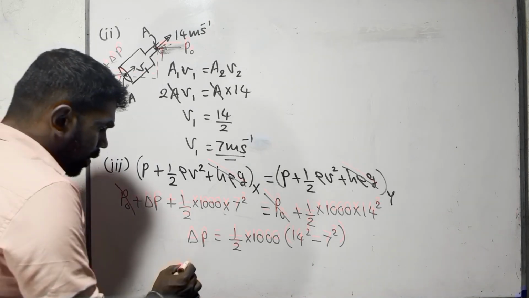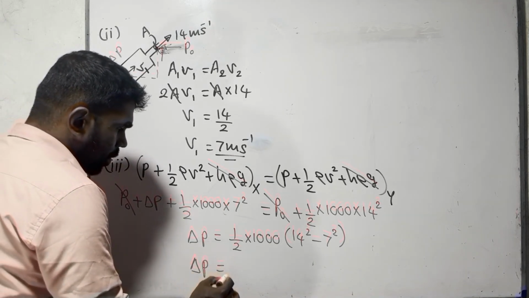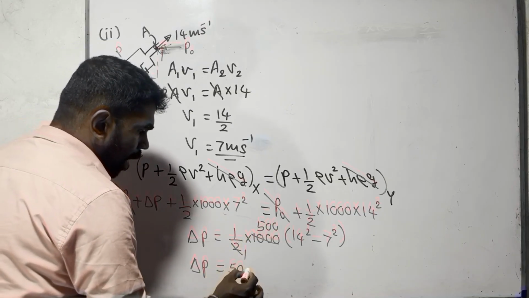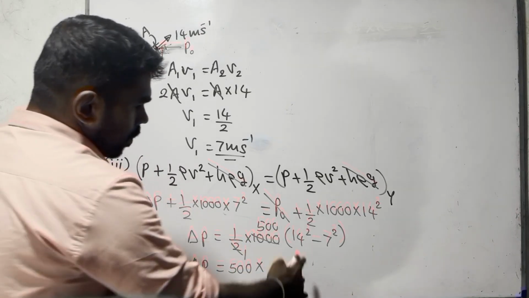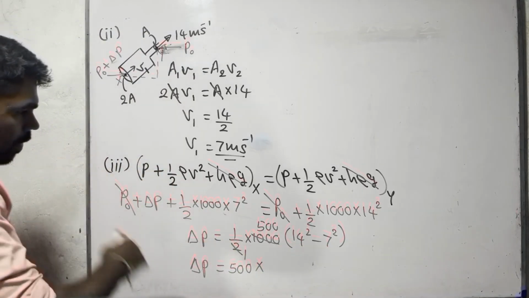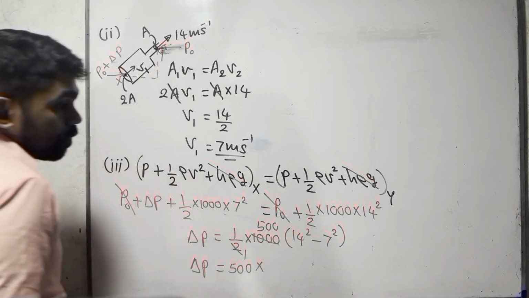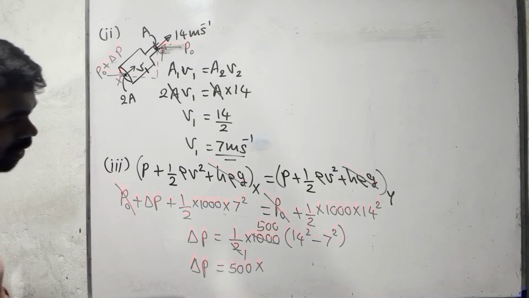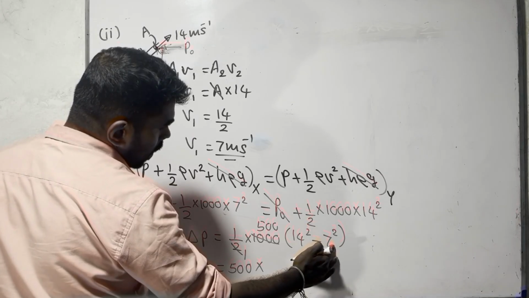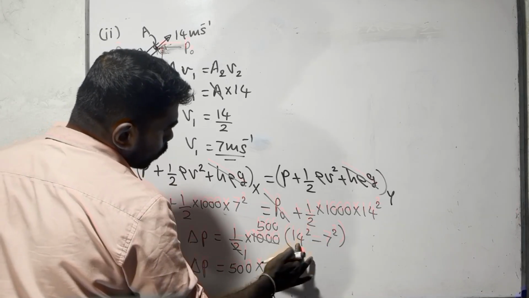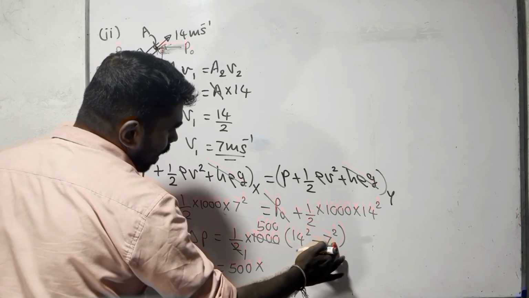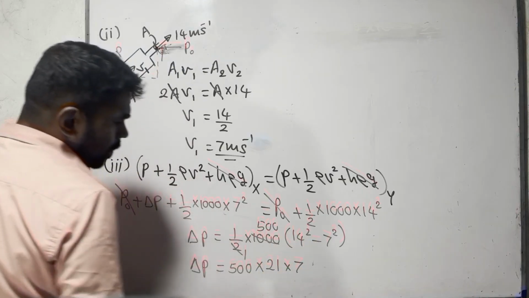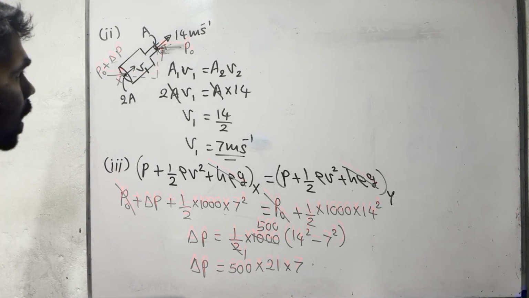Then we can get 2 divided by 2, 1, 500. 500 into, when simplifying these two terms, it is the difference between two square terms. Then the first bracket should be the sum of these two values: 14 plus 7, 21. Then 14 minus 7, 7. Now we have to multiply it.